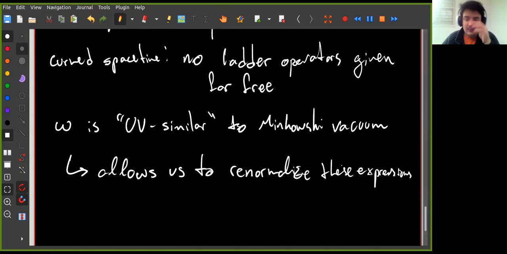I'm not going to enter in the details of how we renormalize these expressions because that is somewhat more difficult and involves some more advanced mathematics such as bidistributions and microlocal analysis.